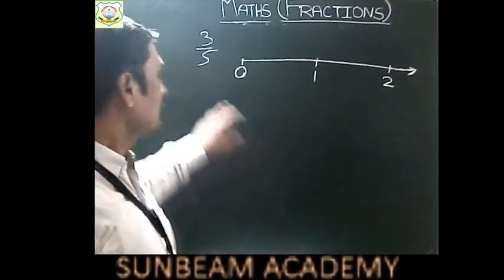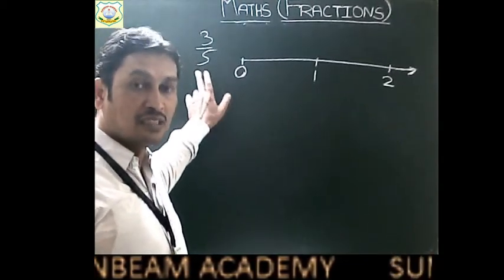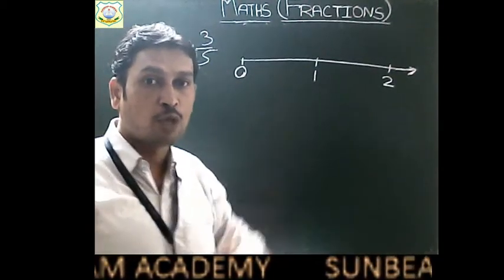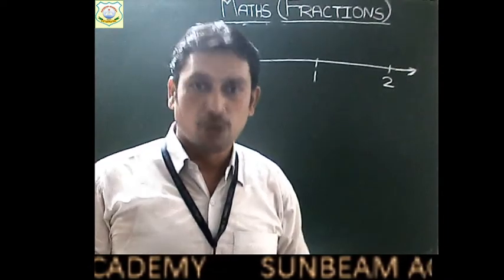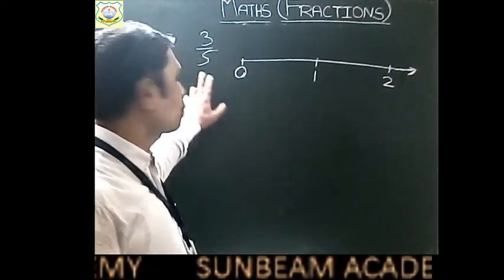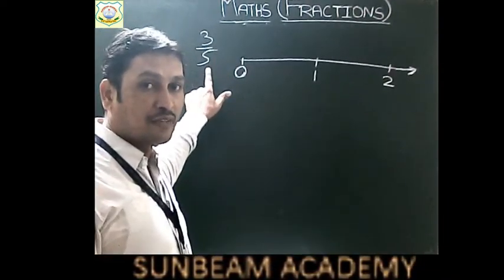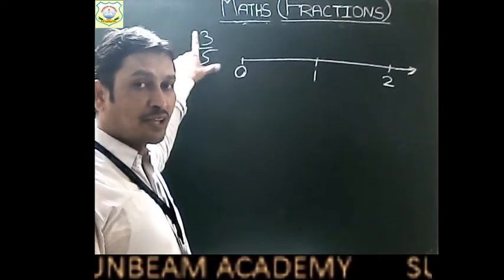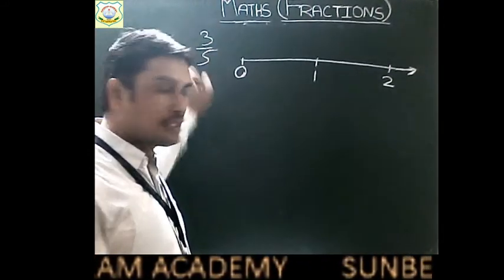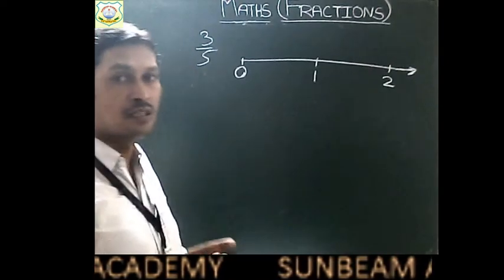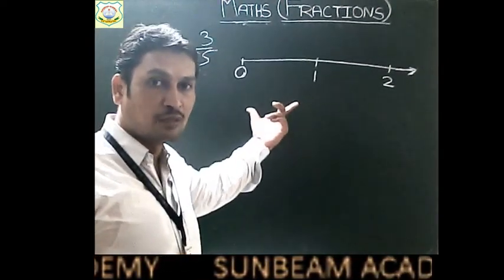For that, you will see the denominator. The denominator tells us the total number of partitions to be made in a whole. So how many partitions do we have to make? 5. Out of these 5, how many parts are to be chosen? 3. So make 5 partitions between each two successive numbers.